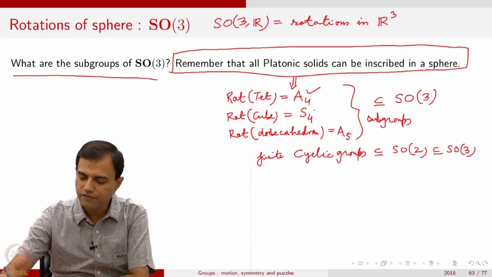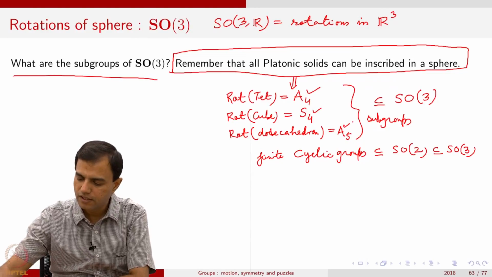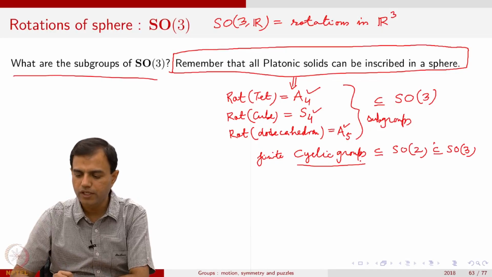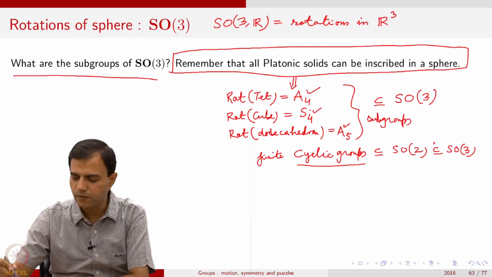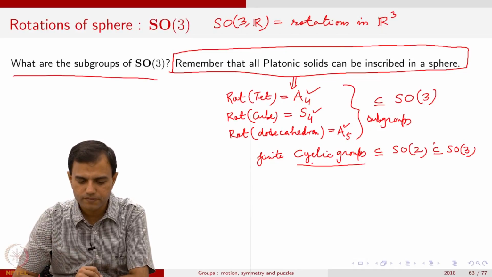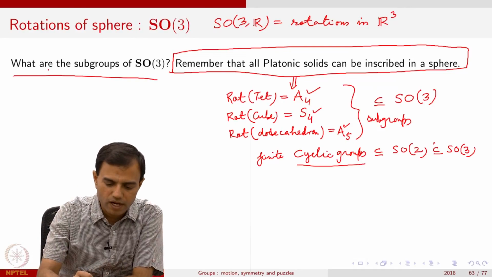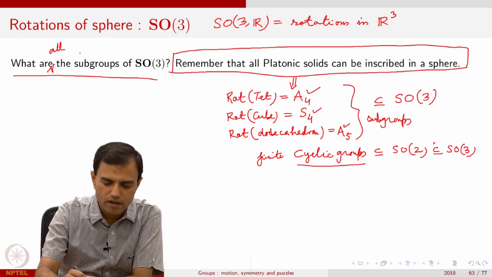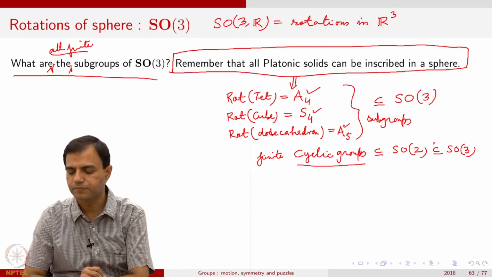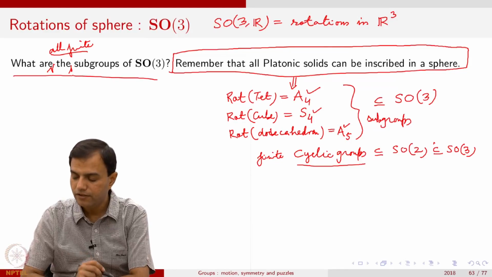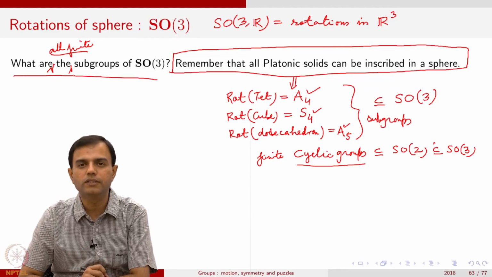So certainly if you want to list finite subgroups of SO3, you will have to have A4, A5, S4 and all cyclic groups. But the question is, what are all finite subgroups of SO3? So these are certainly few, but what about others?